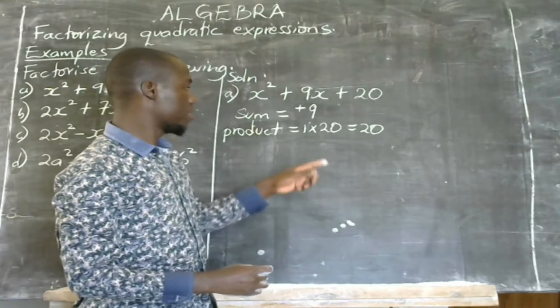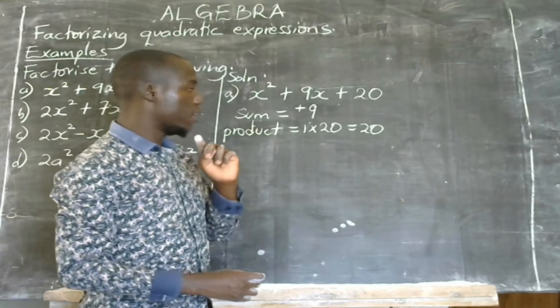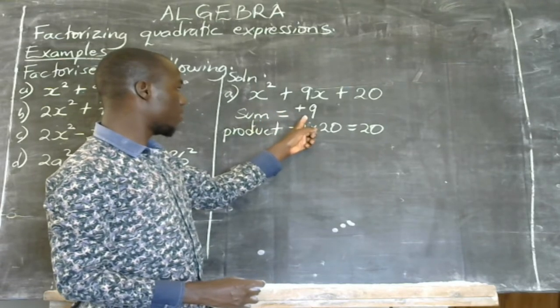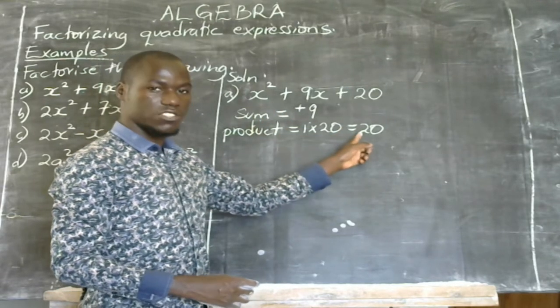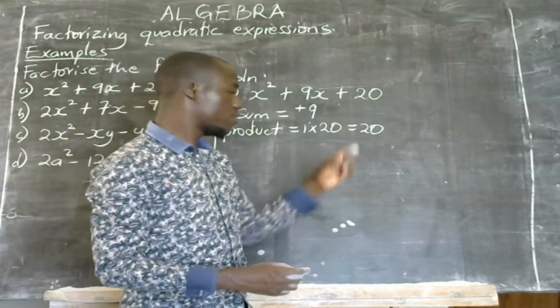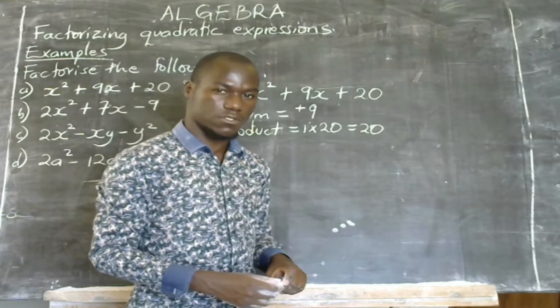So now from here we need to get two factors that give us an addition of 9 and a multiplication of 20. To get those two factors quickly, you can first list down the factors of 20.